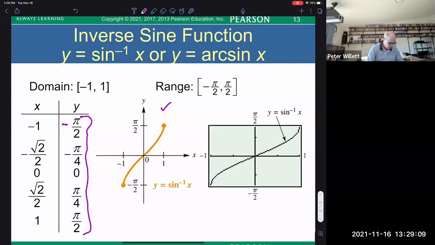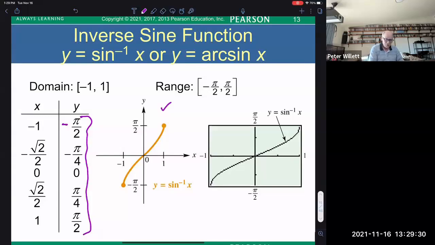So again, you can imagine that the way this was obtained was they flipped that one restricted piece of the sine function across the line y equals x to get the graph that they're showing you here. And this then becomes what the picture looks like for the inverse sine function.